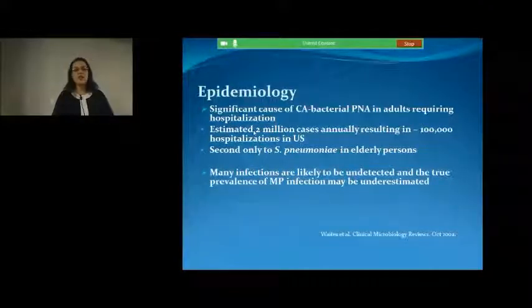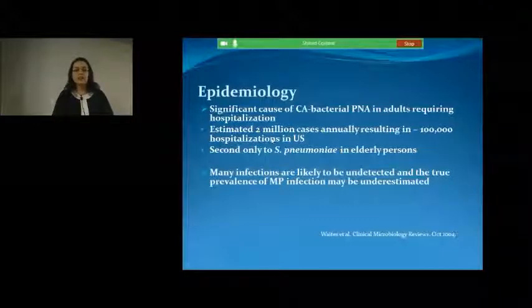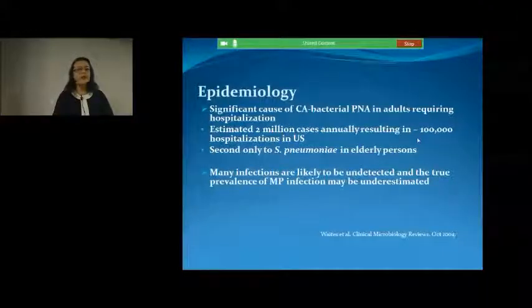It is estimated at 2 million cases annually, resulting in around 100,000 hospitalizations in the U.S. Mycoplasma is second only to Streptococcus pneumoniae as a cause of community-acquired pneumonia in the elderly population.